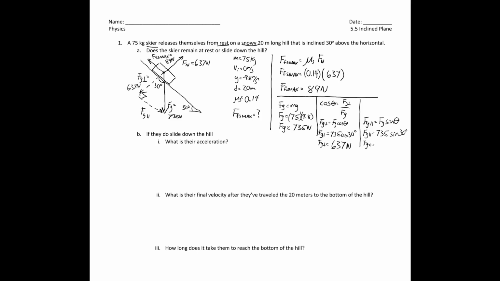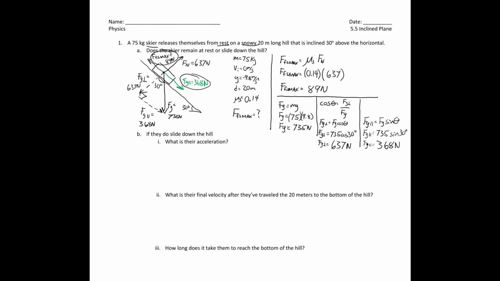Fg parallel is equal to 368 newtons. That's a lot of force, 368 newtons. That's because it's the weight of the person that's acting parallel to the hill. So if you wanted, you could redraw it up here so you could see what's happening. Fg parallel equals 368 newtons. We are comparing this force to this force.